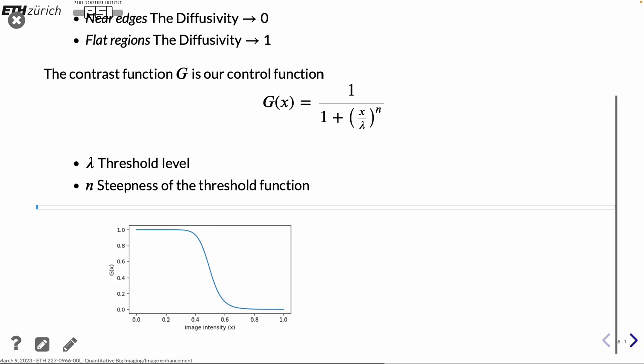If you have the sample and you have the background, uncontrolled, it will just blur out and come into one. If you, however, set the edges as the control, the stopper, then it diffuses here and diffuses here, but not in between.